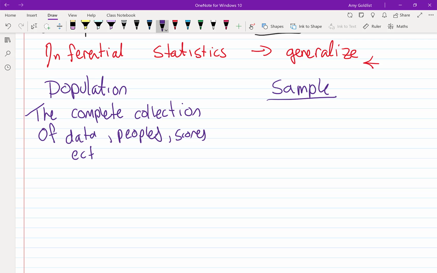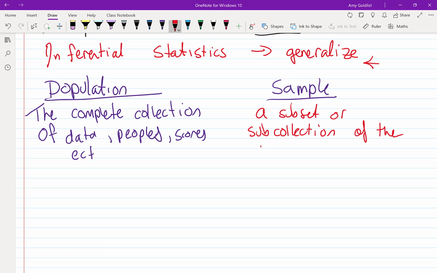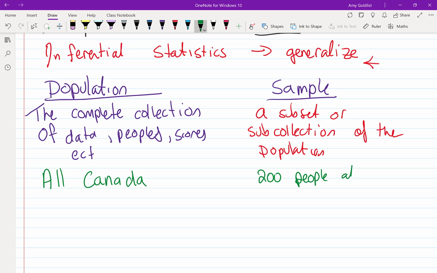A sample, on the other hand, is a subset or subcollection of the population. So if I was looking at a survey where I wanted to talk about everybody from Canada, I might sample 200 people at the mall. That's my sample, and it represents, hopefully, my population, which are people in Canada.